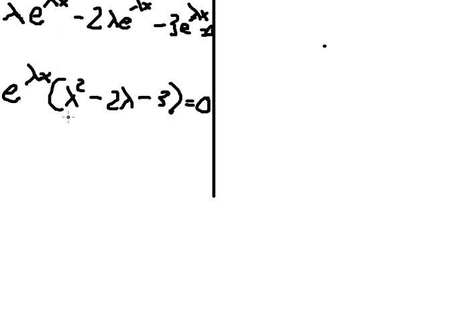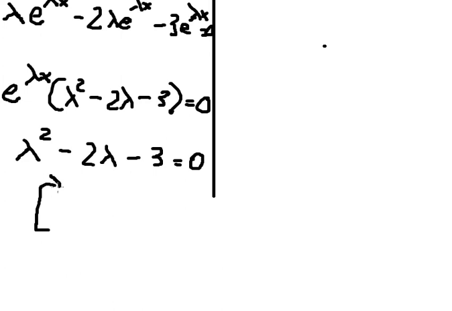And now we can find the solutions of this one. So we have lambda square minus 2 lambda minus 3 equals 0. We find the solution, and we have lambda equals 3 and lambda equals negative 1.